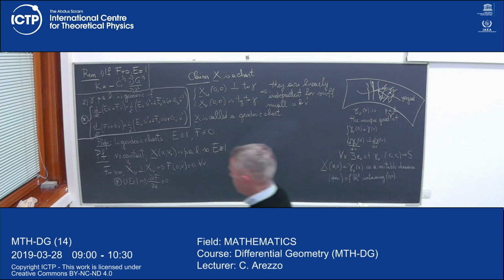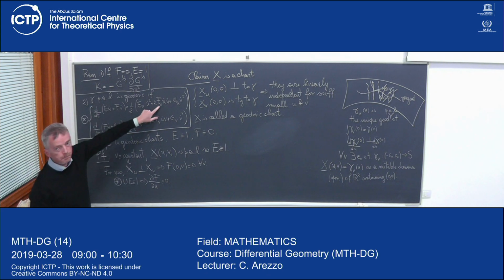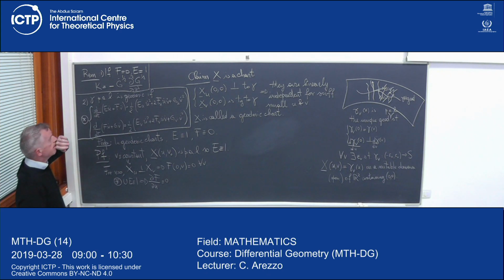Now, let me remember why. If we pick E is equal to 1. Suggestions are welcome. So, if I put E is equal to 1 here, where do I get Fu equal to 0? Of course, I want to look at the first equation. That's where Fu appears, no? But now, how do I isolate Fu from there?